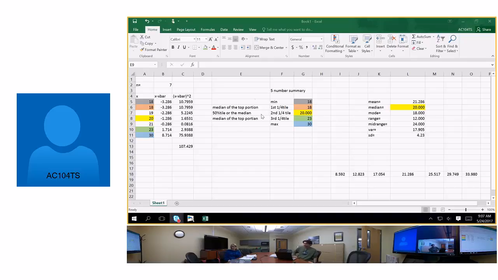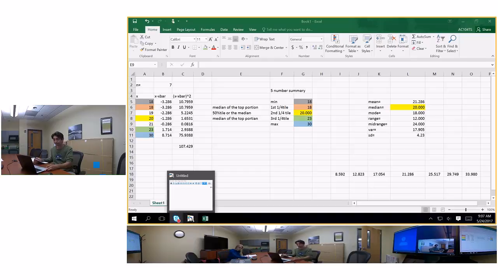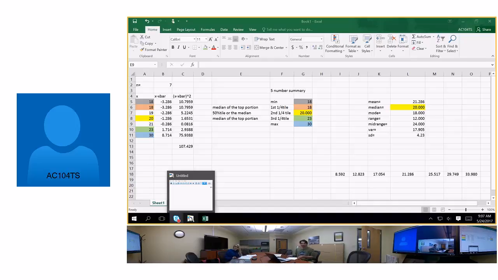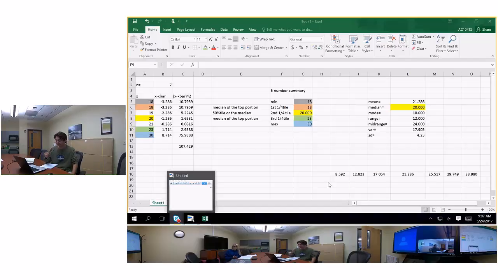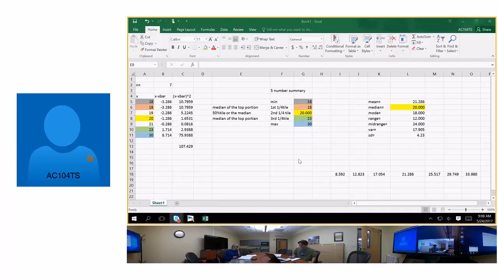Okay, so here's the 5-number summary. So now let's draw a box plot. Box plots are coming off of a 5-number summary. So what is a box plot? Well, we take our laptop. I slid my laptop in a minute.